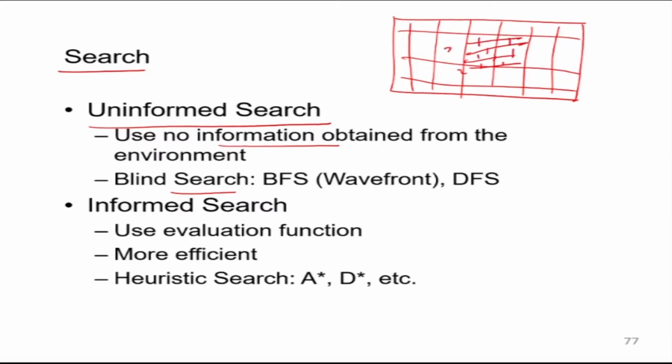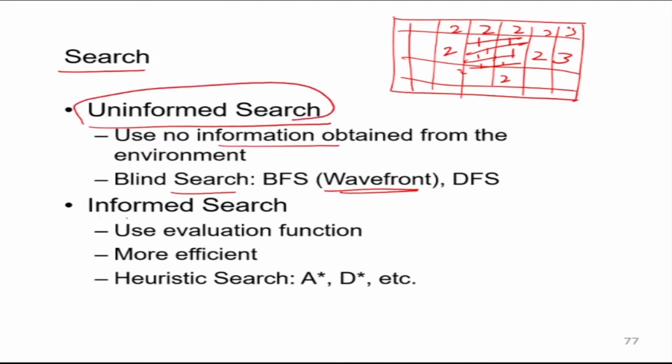The next grid will become 2 2 2, then the next grid will become 3, and so on. So the search is propagating like a wavefront. That's where the name comes from, and it's a blind search. It doesn't know what other obstacles are on the way, where the goal is, or where the start point is. It simply searches like a wave expanding from one point and going in all directions. So that is uninformed search.